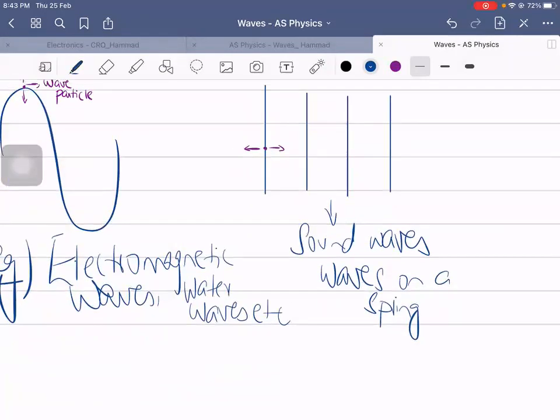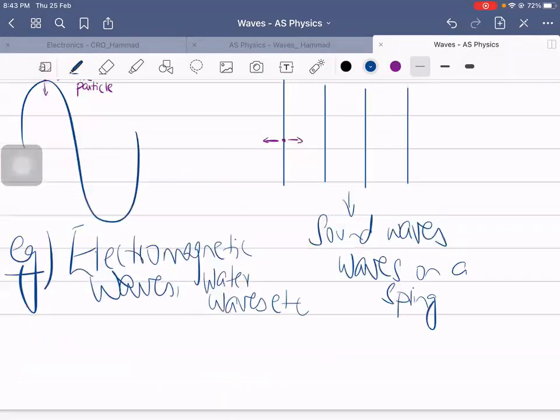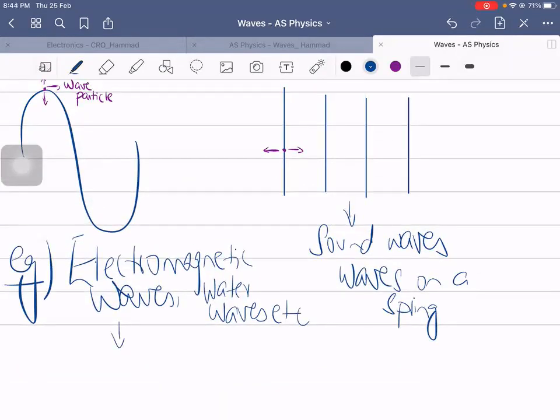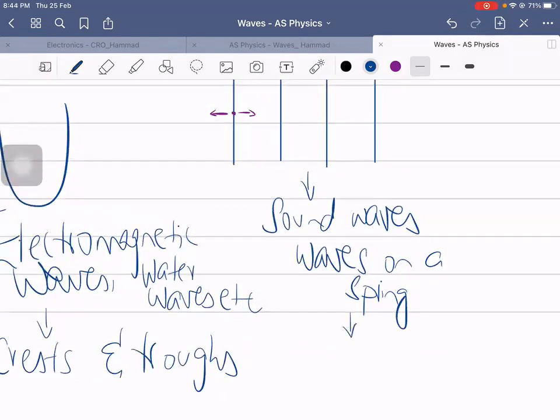Right? One more thing, a transverse wave will have crests and troughs, whereas a longitudinal wave will have compressions and rarefactions.